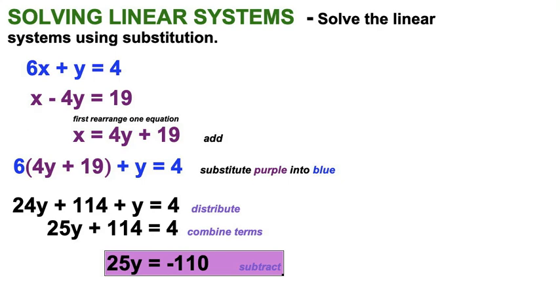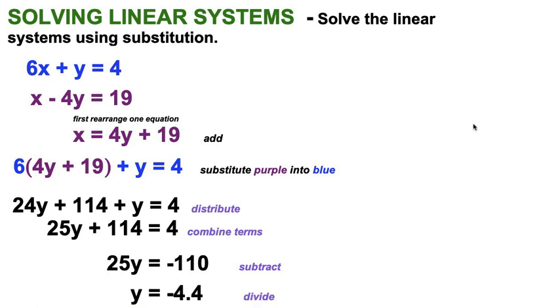And this is where students will say, whoa, something must be wrong because I didn't get an integer solution. Well, real world wouldn't even be that easy. So there you go. You've got finally something that's not an integer. Y equals negative 4.4. All right, so a little bit different.